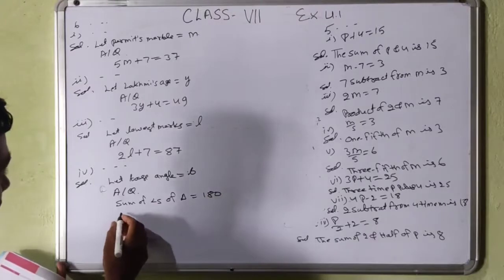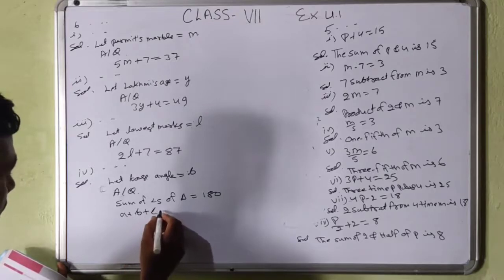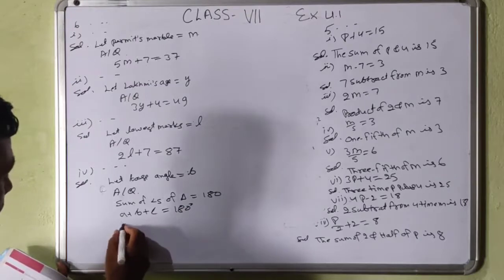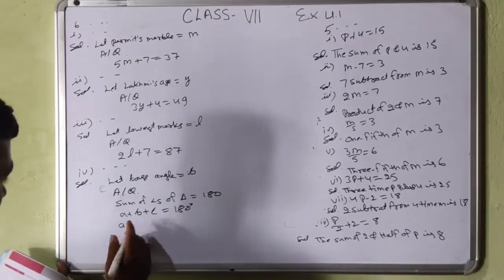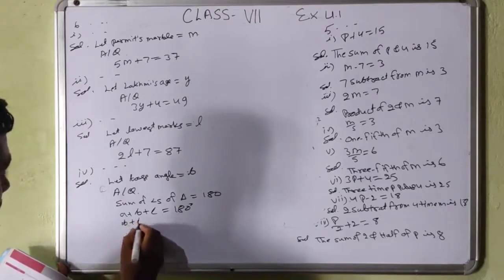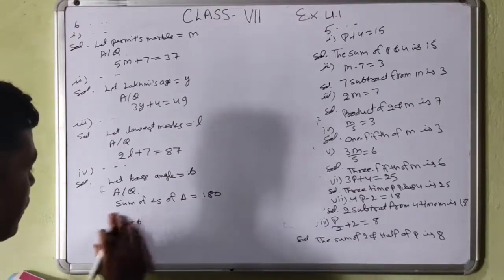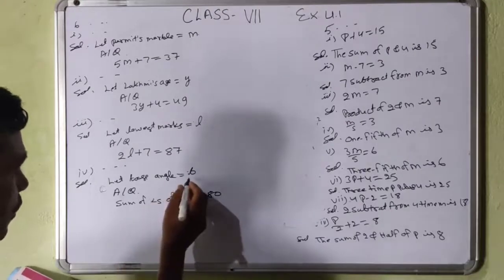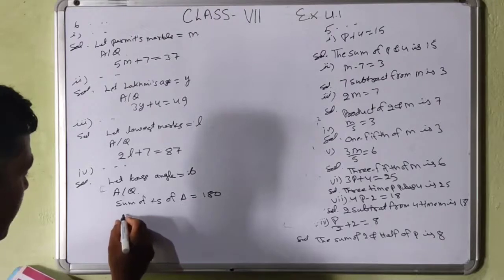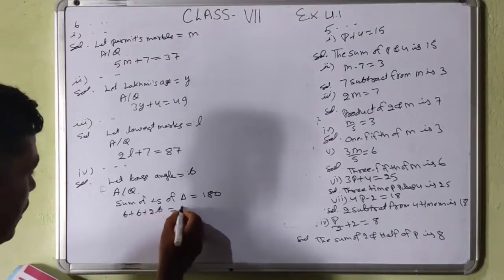So we know that there are three angles, angle A plus B plus C is equal to 180 degrees. So that will be B plus B, and 2 times for the vertex angle, so B plus B plus 2B is equal to 180 degrees.